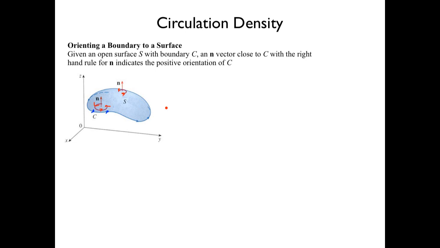And then what would that mean as it gets close to the back boundary there? Right to left. And that would indicate that the direction is this way, which is consistent with what we've already done, right? So we're aligning the orientation of the surface to the boundary.